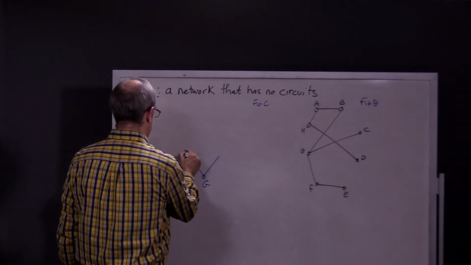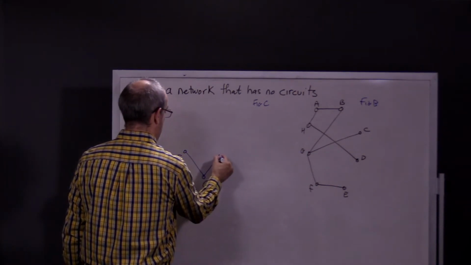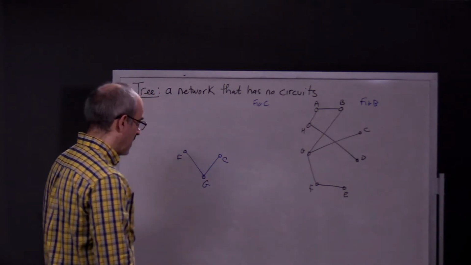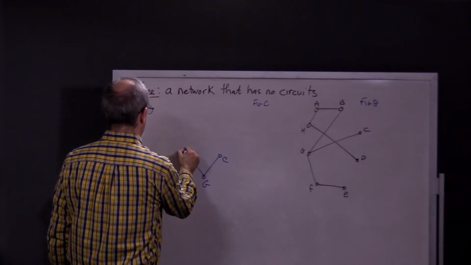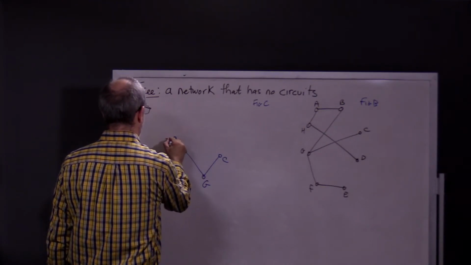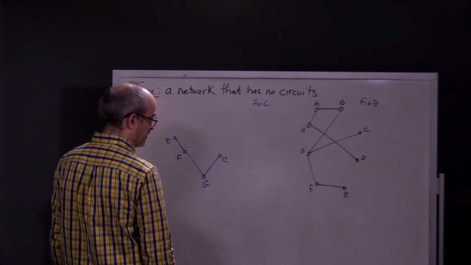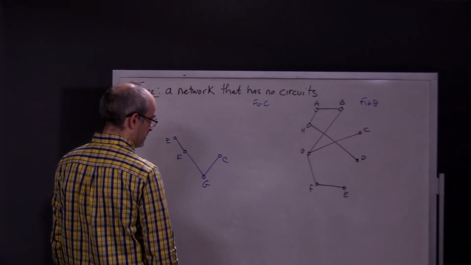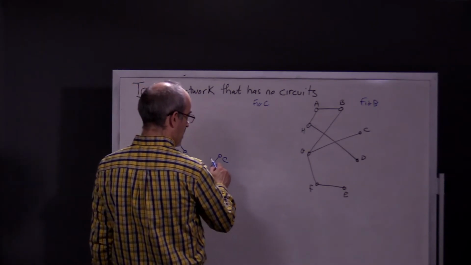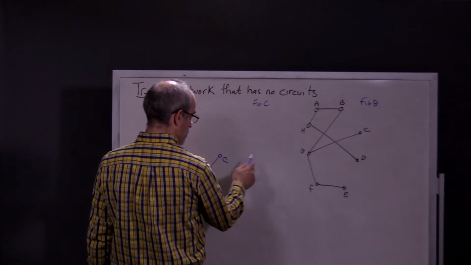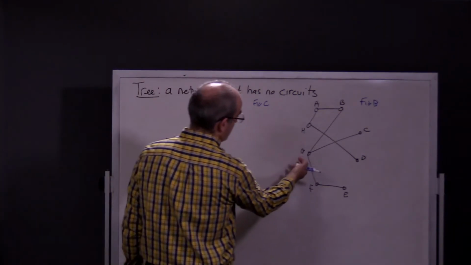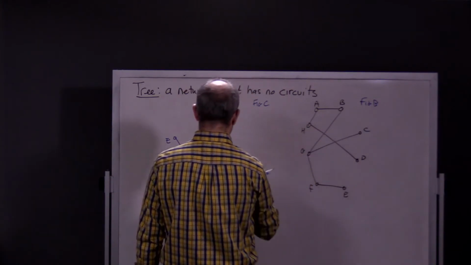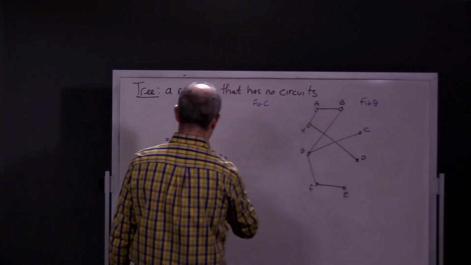This could be F. This could be C. F just has one other thing coming off of it, and that's E. C doesn't have anything coming off of it. Oh, well, G also, I misspoke. G also has a line going to B.